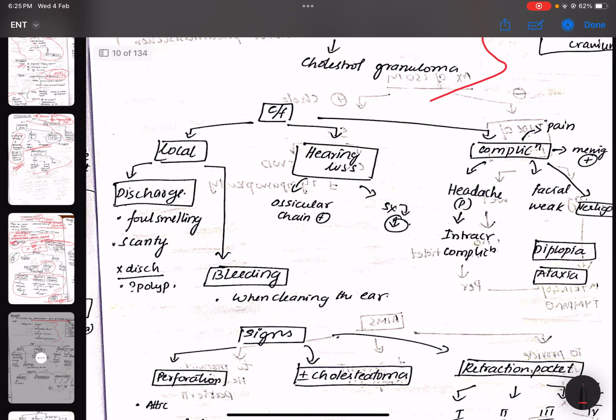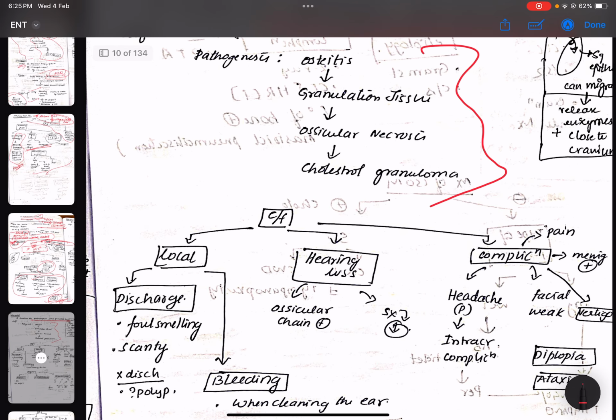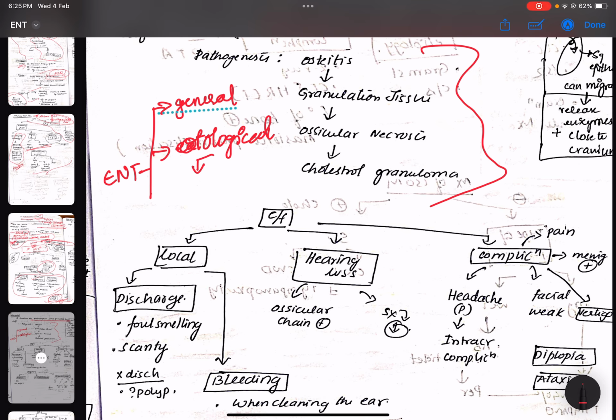Again, the clinical features. Especially while writing clinical features in ENT, make sure you write otological features firstly. Before that, you need to also mention the general features, then the otological features. In otological, you can mention the external ear, how it appears, and the middle ear, and also the inner ear, and also the vestibular part.